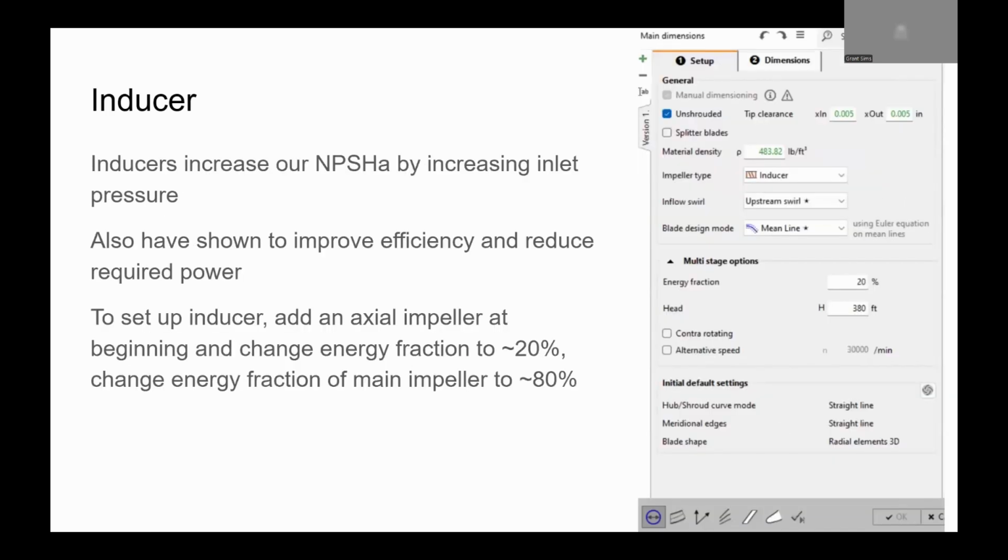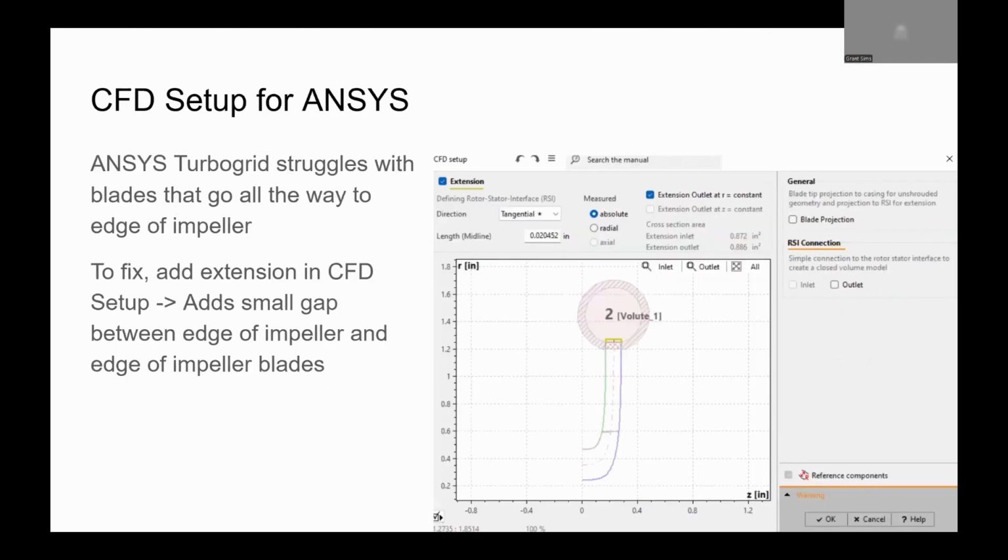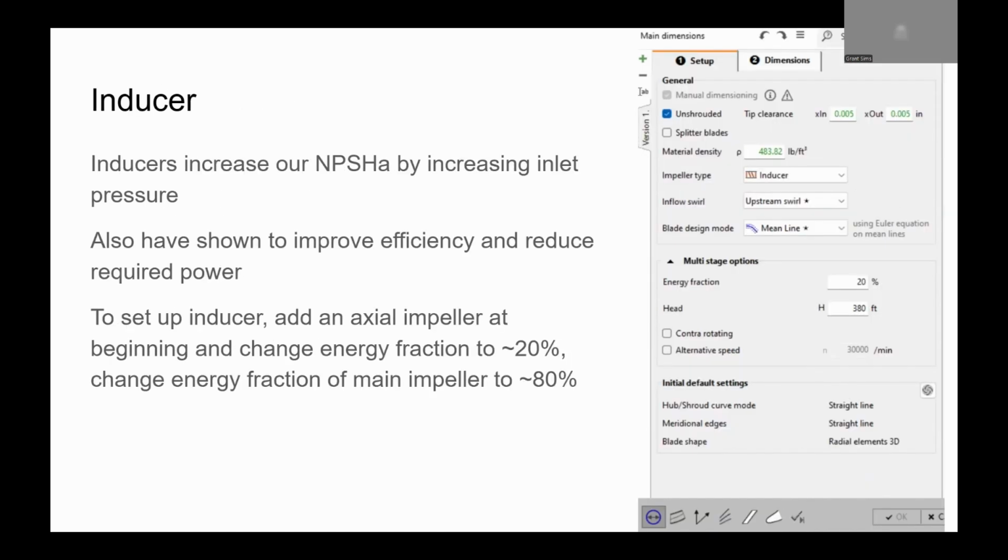And then the inducer. If we want to add an inducer, which will increase our efficiency considerably, we can add that in CF Turbo. I found 20 to 25% is a limit on our energy fraction, because once you start getting into 30% of your energy going to your inducer, CF Turbo starts complaining about swirl angles, and your fluid is cavitating and doing weird things.